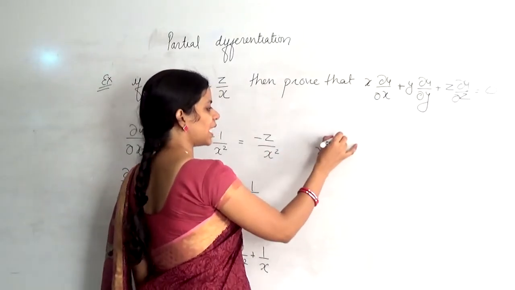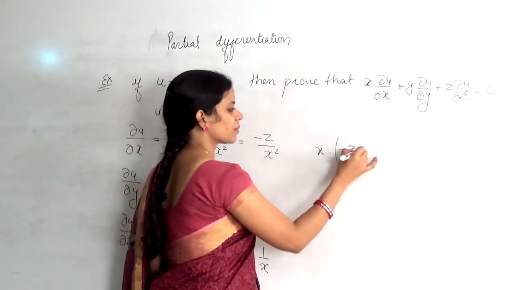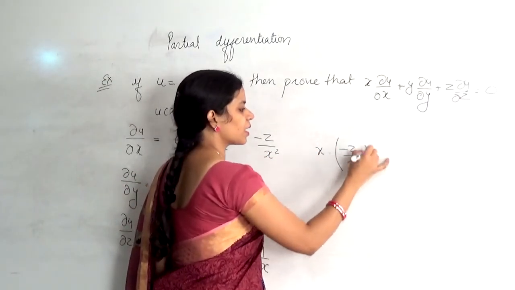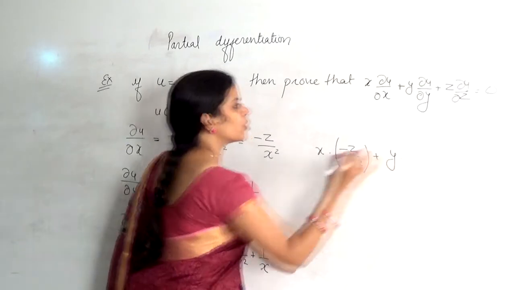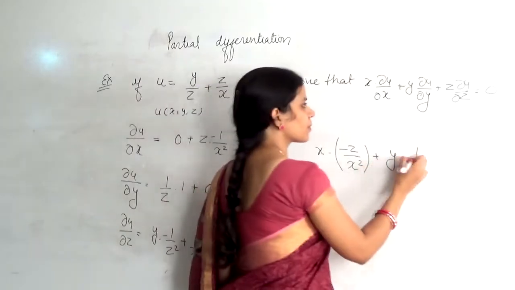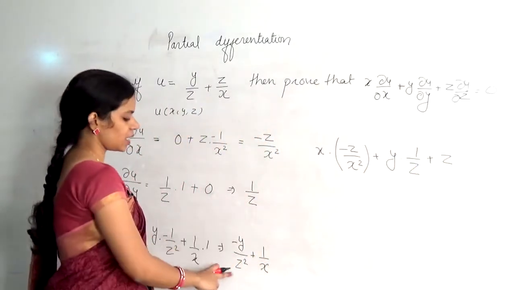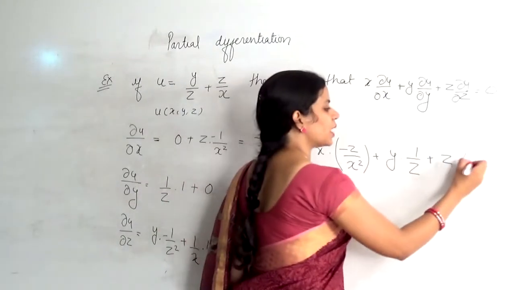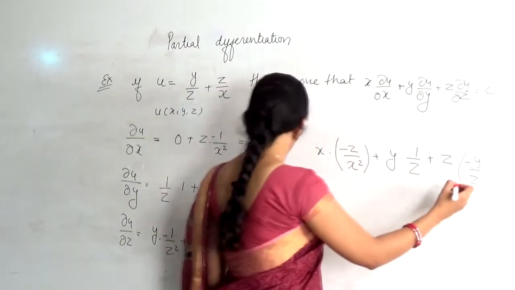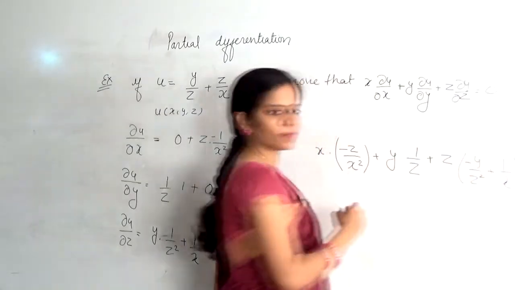x into ∂u/∂x is minus z upon x square, plus y into ∂u/∂y will be 1 upon z, plus z ∂u/∂z is minus y upon z square, plus 1 upon x.